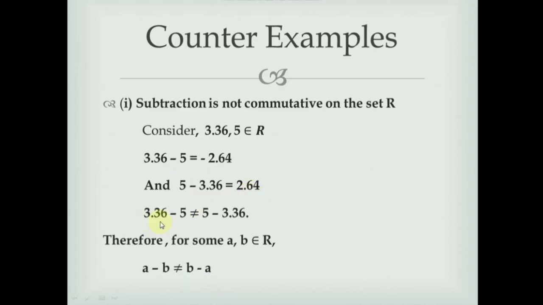That's why 3.36 minus 5 is not equal to 5 minus 3.36. That is, the sequence of the numbers while doing subtraction matters to the output. That's why for some A, B belonging to R, A minus B is not equal to B minus A. That's why subtraction is not a commutative operation on the set of real numbers.